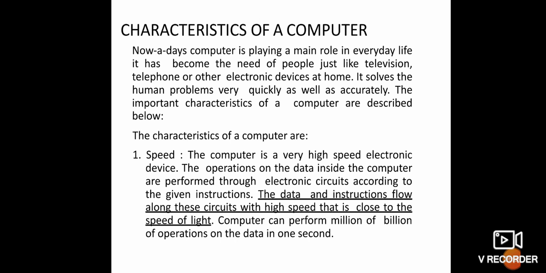A computer can perform millions of billions of operations on the data in just 1 second. Within a flash of time, the execution can be completed in a computer, whereas if the same operation is done by a human being or any other device, it takes a lot of time.